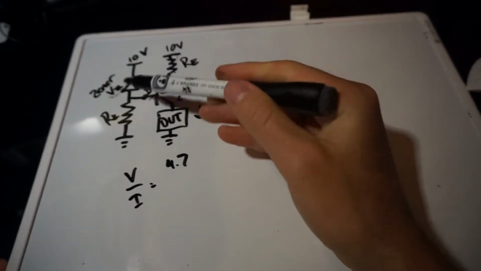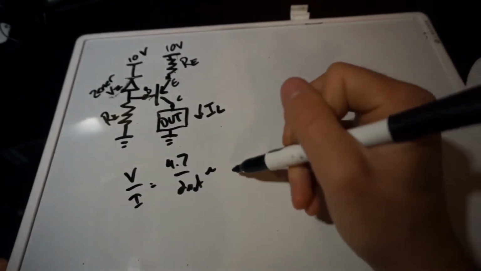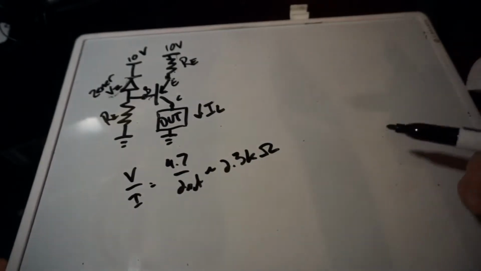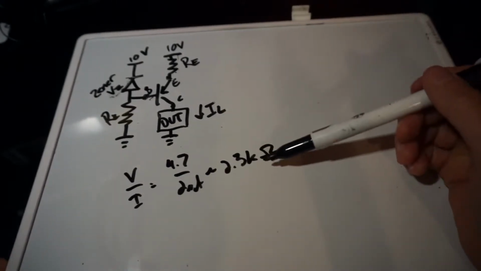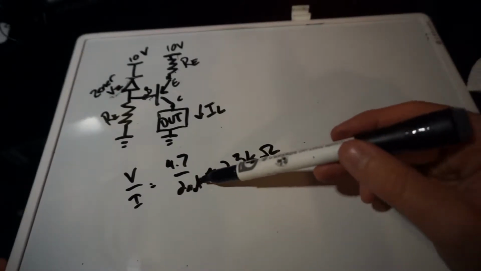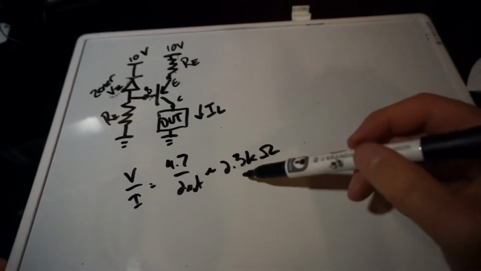That's just the 10 minus 5.3 over 2 milliamps. That gives you about 2.3 kilohms. You want to safely be in the 2 milliamp range.